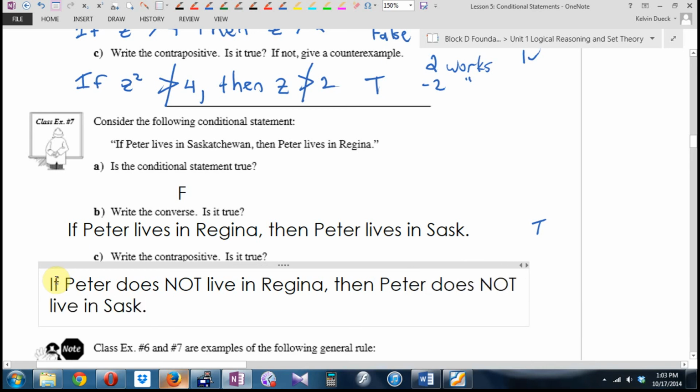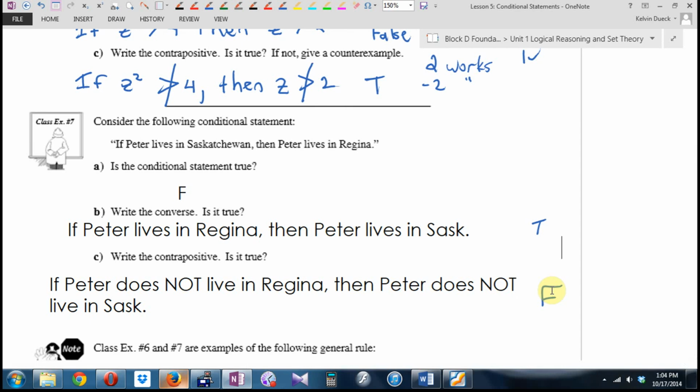Is that true? Because you can live in Saskatchewan, but not live in Regina. So here, false. Okay, Zach? Contrapositive, converse, conditional. And fancy schmancy biconditional works both ways.